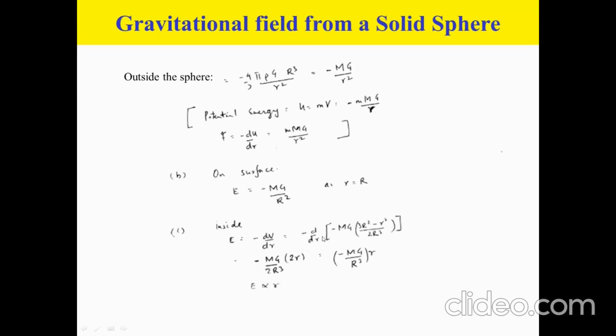If I take the negative gradient, since this capital R is constant, I lose this term and am left only with this r² term. If I take the derivative, I get 2r, and I have the expression minus GM/2R³ times 2r. So I get minus GM/R³ times r. For this problem, GM and capital R are constant, so my gravitational field is proportional to r.